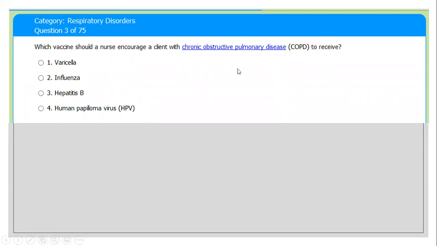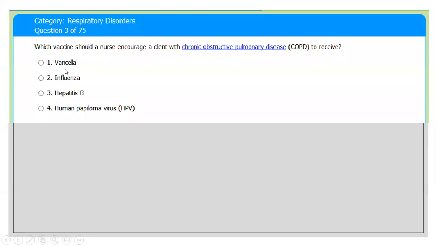Chronic obstructive pulmonary disease, also known as COPD, or we call it chronic obstructive lung disease, is a common, preventable, treatable disease characterized by persistent respiratory symptoms like progressive shortness of breath or cough. So if my patient has COPD, we need a vaccine. Which one should they take?